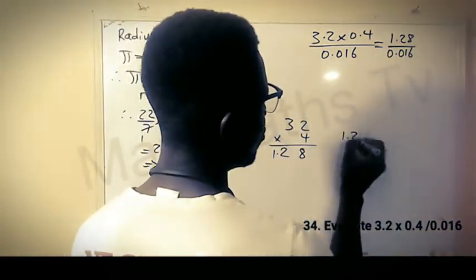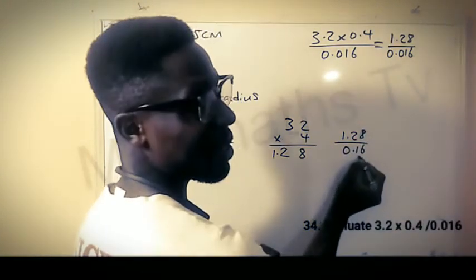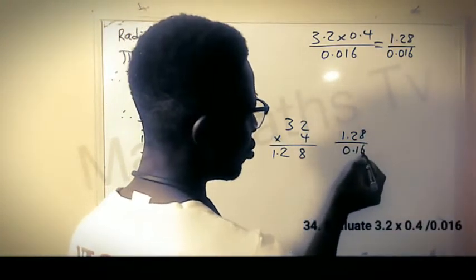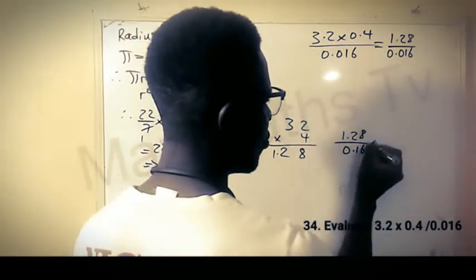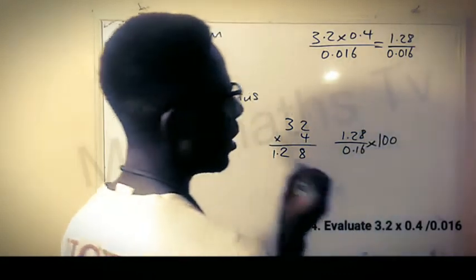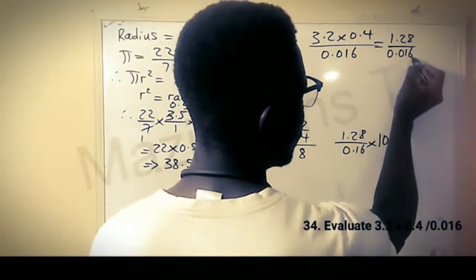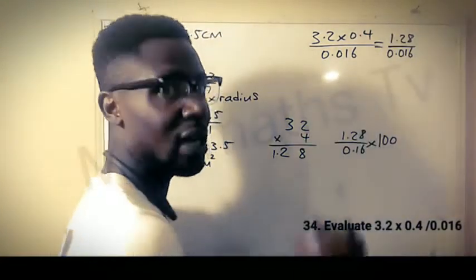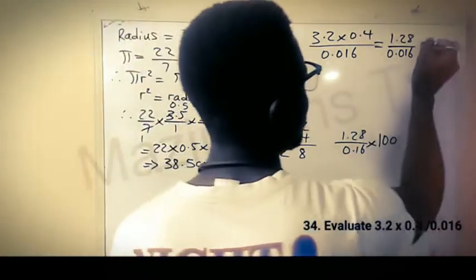You might think of something like 1.28 over 0.16. No, you have 2 decimal places there, so that would be multiplying by 100. But since we have 3 decimal places here, tenths, hundredths, and thousandths, we are going to multiply both top and bottom by 1000 to make it easier to divide.